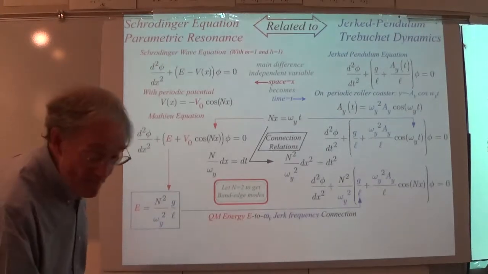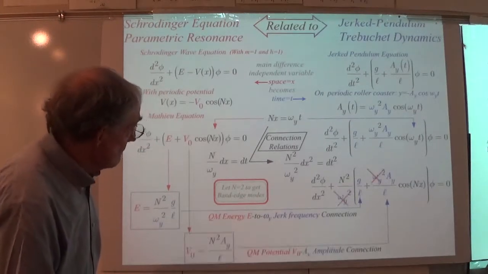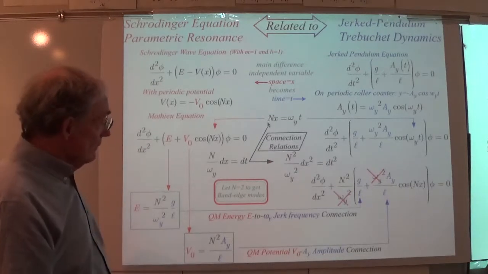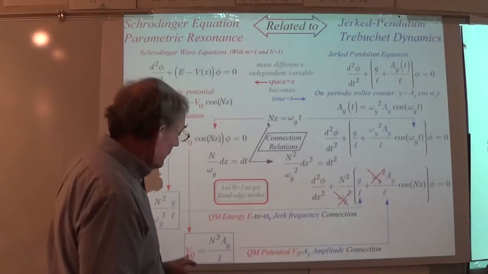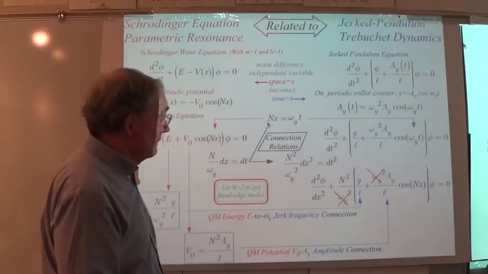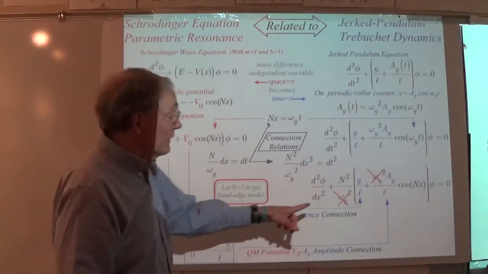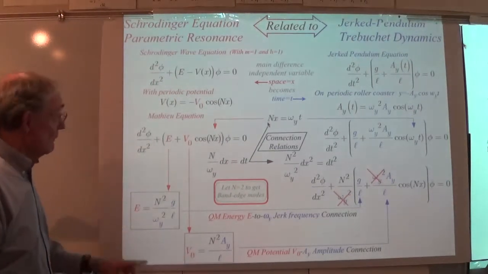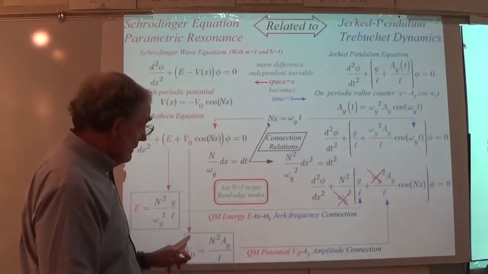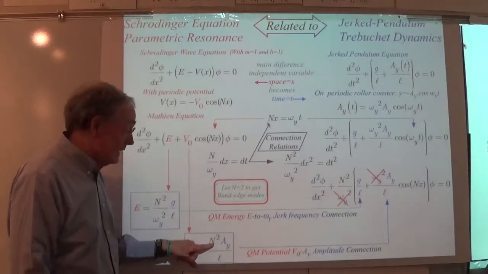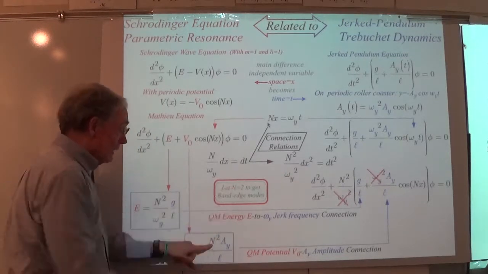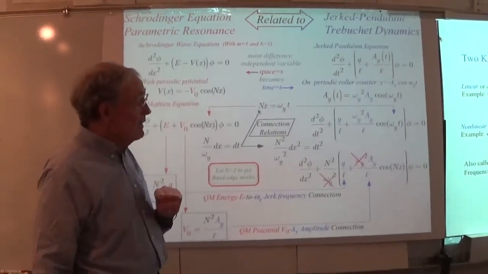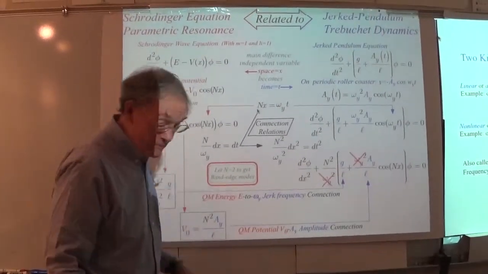So far, so good? Okay, we've got that other step to make here, and that is: what is the potential? What is the thing that actually multiplies that? And I'm going to get rid of the omega y squared by doing that. Here we're going to have this V0 just be 4, that's n squared for what we will use, times the acceleration amplitude divided by the length of the pendulum.